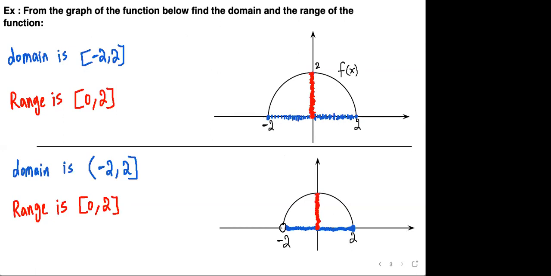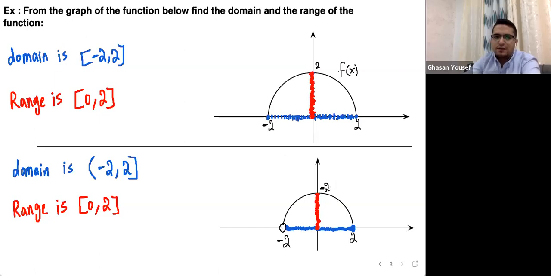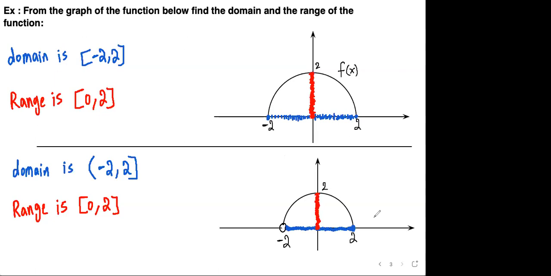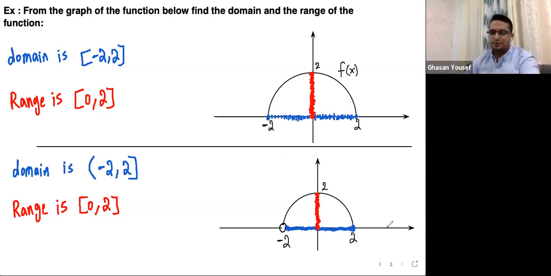So -2 doesn't have a y value because it's an open circle. Exactly, correct. Any question? Yes, Ryan. This is correct. So there will be an open circle in the graph to show that we use the open bracket. Yes. Now the domain and the range are done.